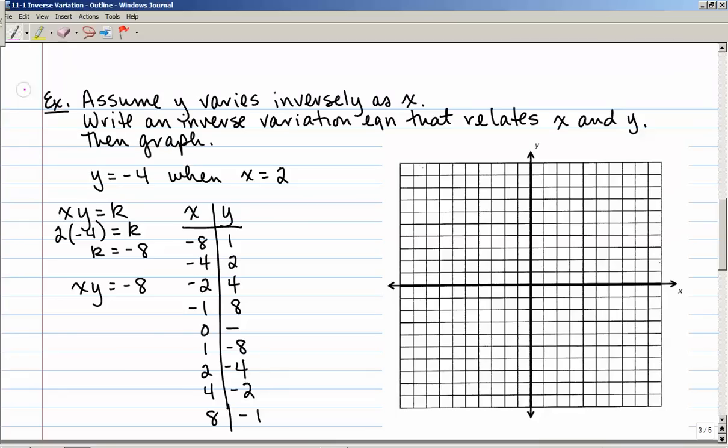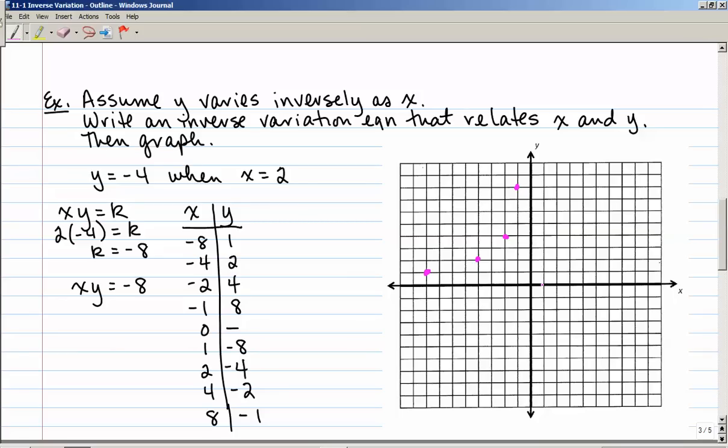Now let's graph these points and see what they look like. So when x is negative 8, y is 1. When x is negative 4, y is 2. X is negative 2, y is 4. And when x is negative 1, y is 8.